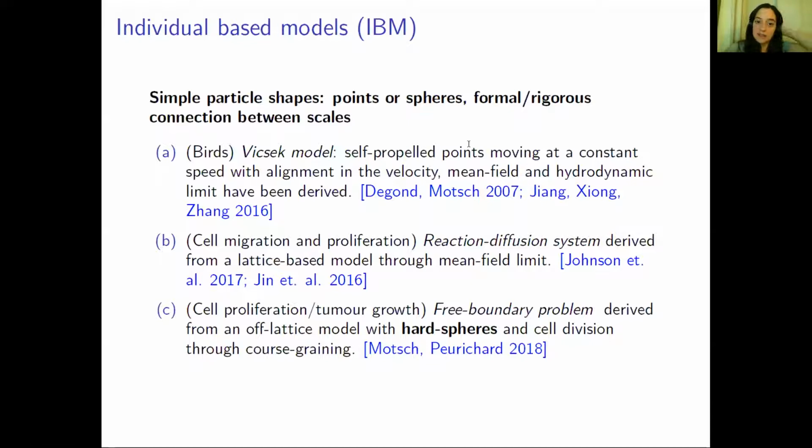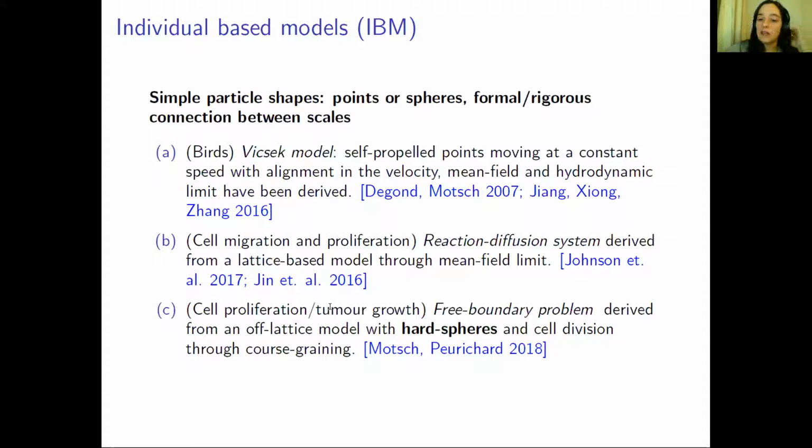In this case, there are works in the literature where spheres or points have been used to describe different scenarios in biology: birds, cell migration and proliferation, or tumor growth.